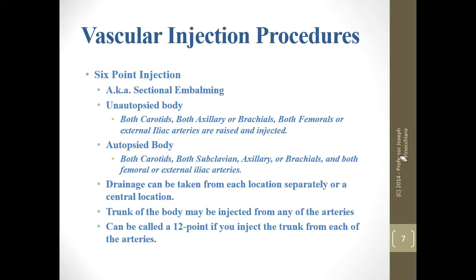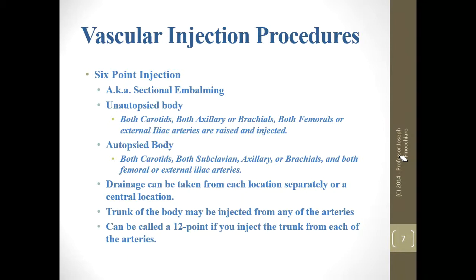This leads us then to the 6-point or sectional embalming. On an unautopsied body, this is not really complicated stuff. Six points: both on the head, both arms, both legs. Shocker. Where it changes the game a little bit is with what we can access with an autopsied body.